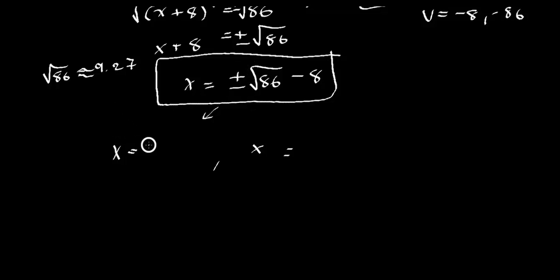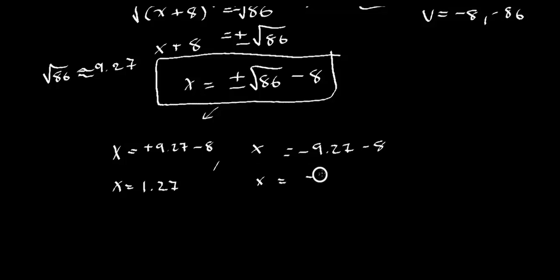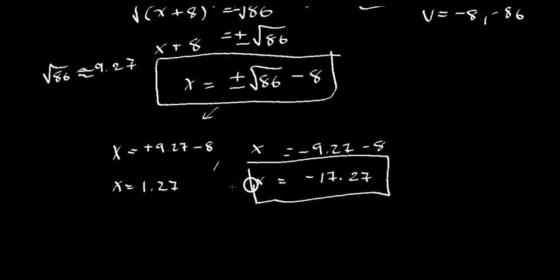So we have positive 9.27 minus 8, and negative 9.27 minus 8. Our first x is going to be 9.27 minus 8, that's 1.27. And our second intercept will be negative 17.27. Alright, so we found our x-intercepts.